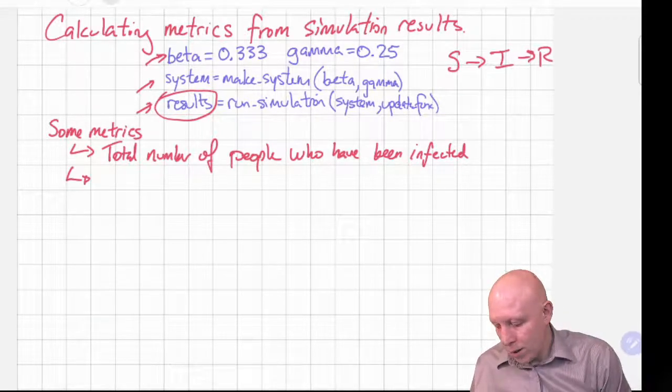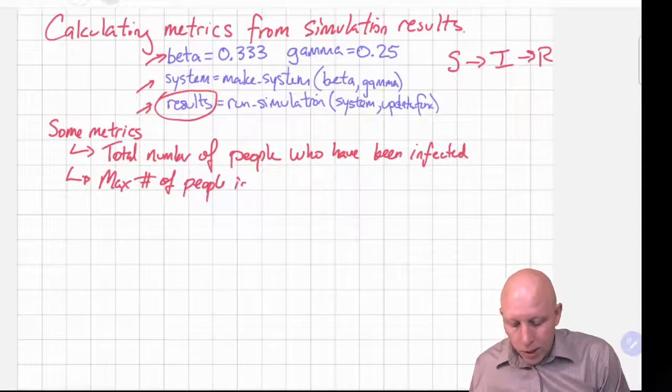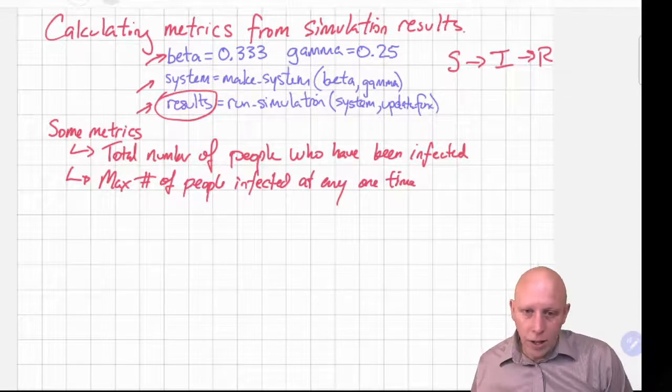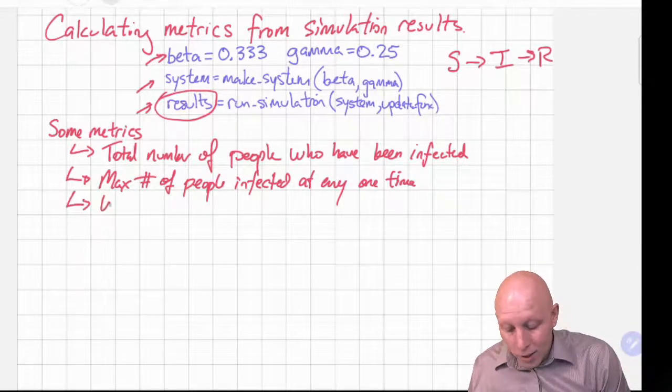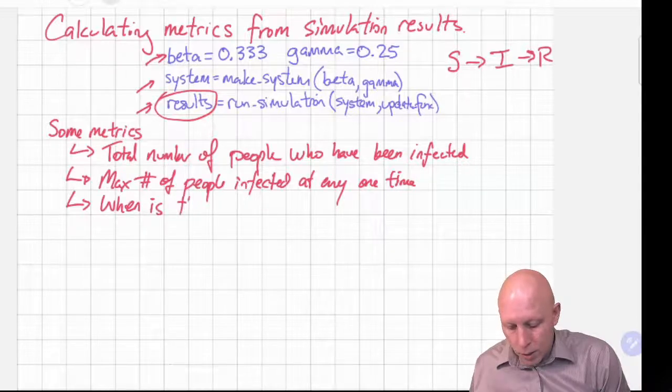Maybe we care about the maximum number of people infected at any one time. And then maybe about when does this maximum occur? When is this peak?